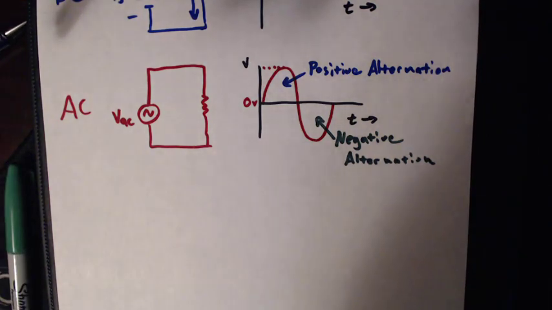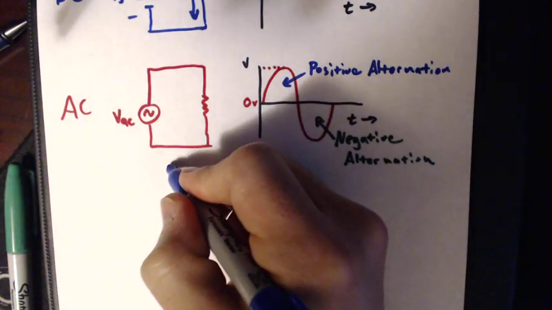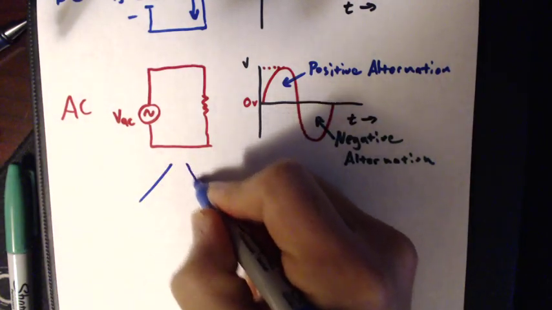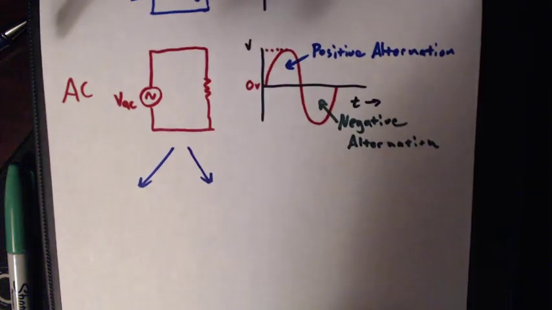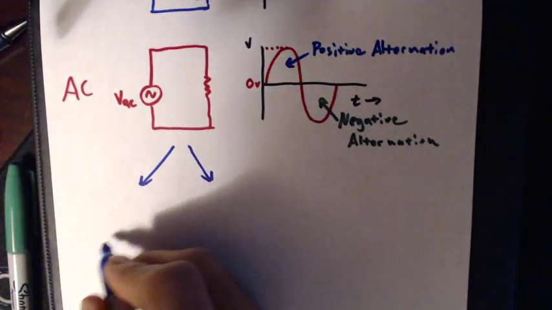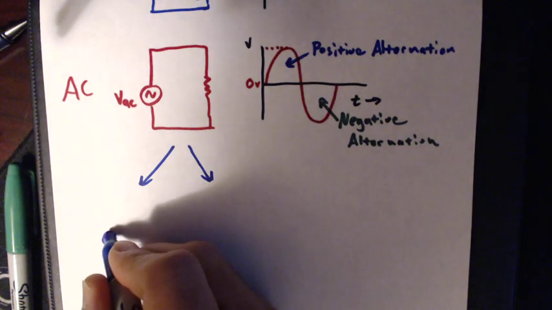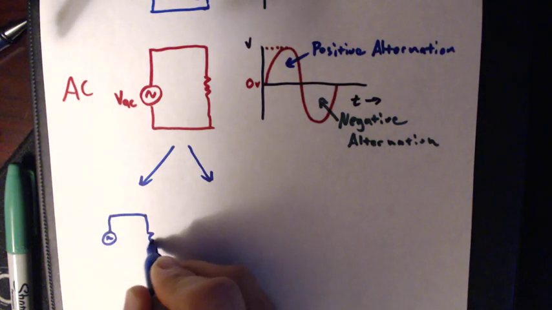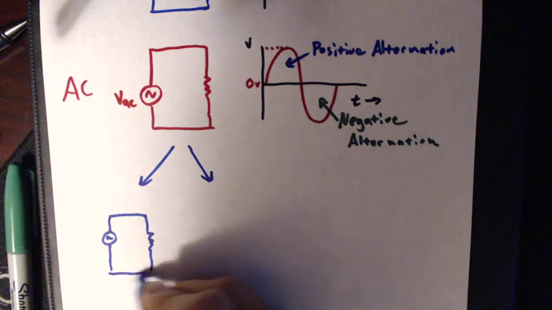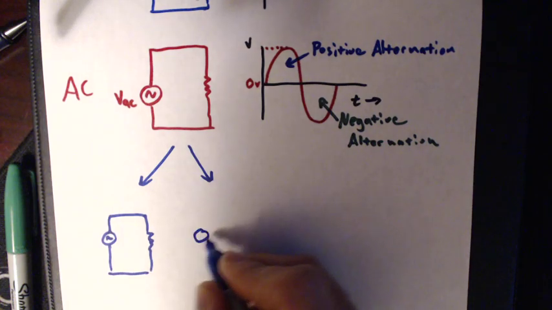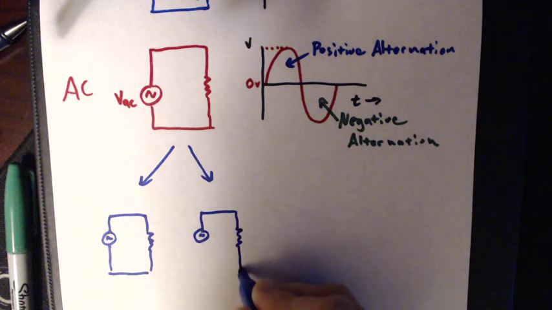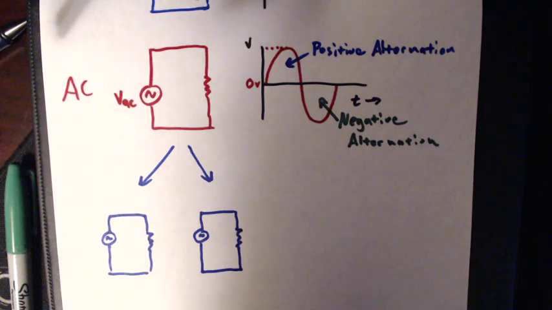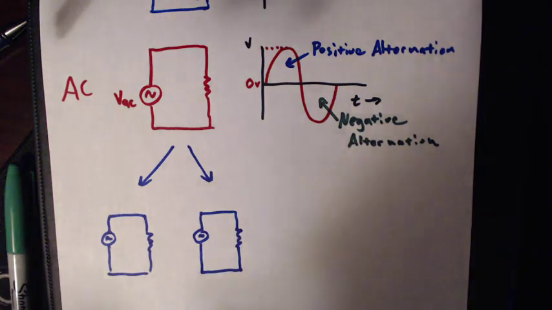I can break this down into two separate circuits here, just for the sake of breaking these up, where our AC voltage source is positive during that positive alternation.